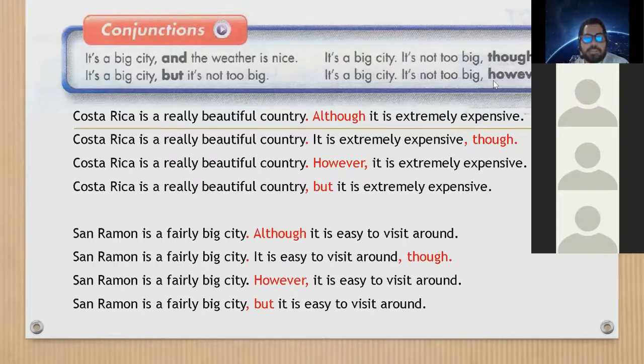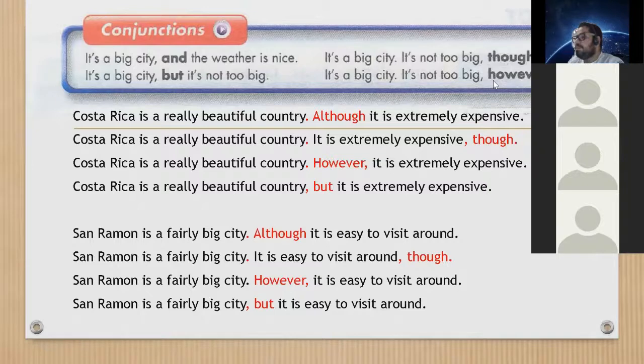So look at this one. We're making a contrast, guys. San Ramon is a fairly big city, right? Although it is easy to visit around. Es un contraste, guys. Aunque es una ciudad grande, es fácil de, okay, de manejarnos en ella, de andar alrededor, en sus alrededores.